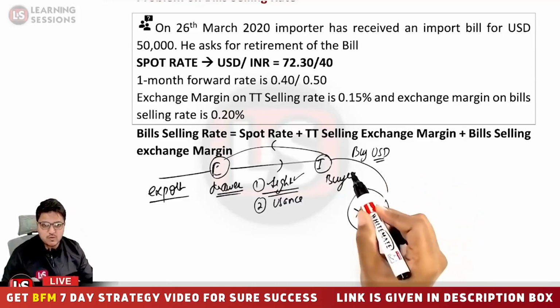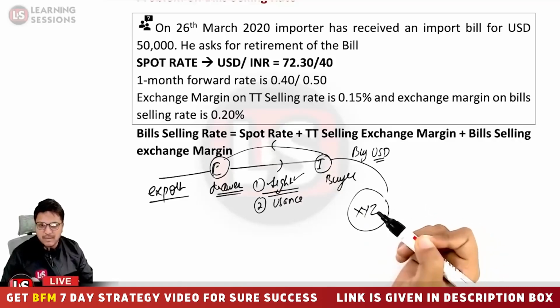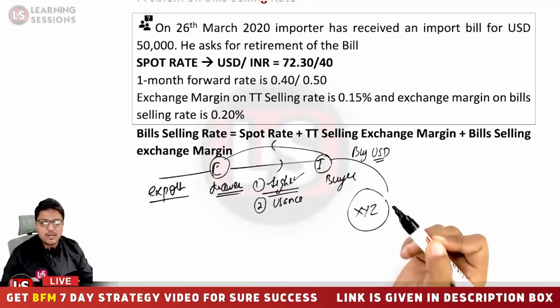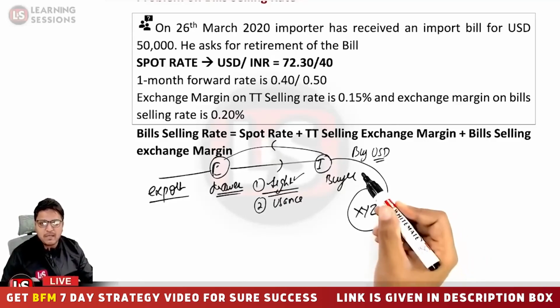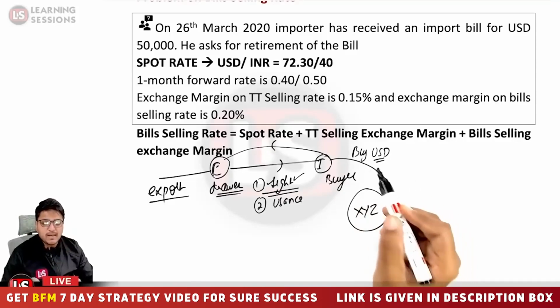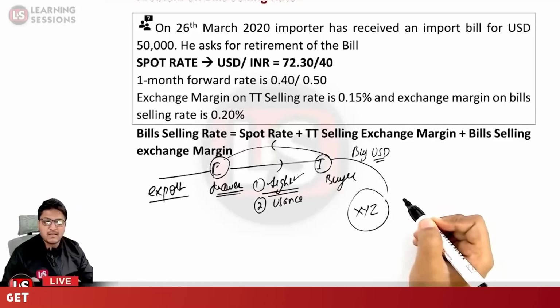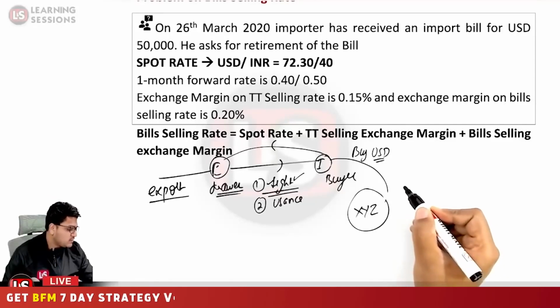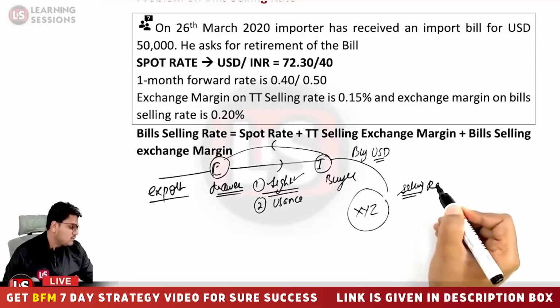He is a customer and the bank is a merchant, an institution that is going to sell. So the merchant rate would be applicable. The importer would be able to buy the USD at the price at which the bank is ready to sell. So what rate shall be quoted? It will be the selling rate which will be quoted.